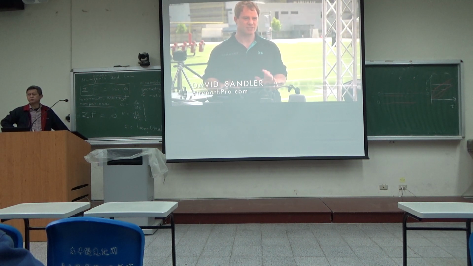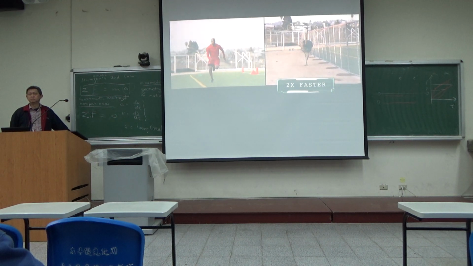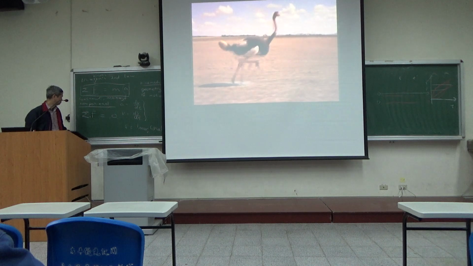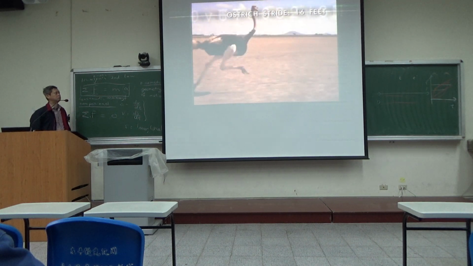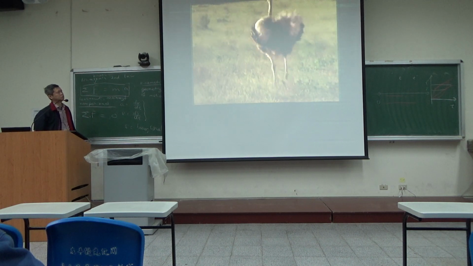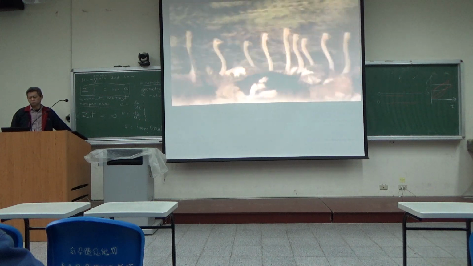We're talking the fastest numbers we've ever seen and over 2 times faster than the best athletes we've seen. The powerful downforce allows the ostrich to take a stride up to 16 feet long, nearly 3 times greater than Dennis's. This amazing power and massive stride is why these birds are in fact the fastest 2-legged creatures on the planet.